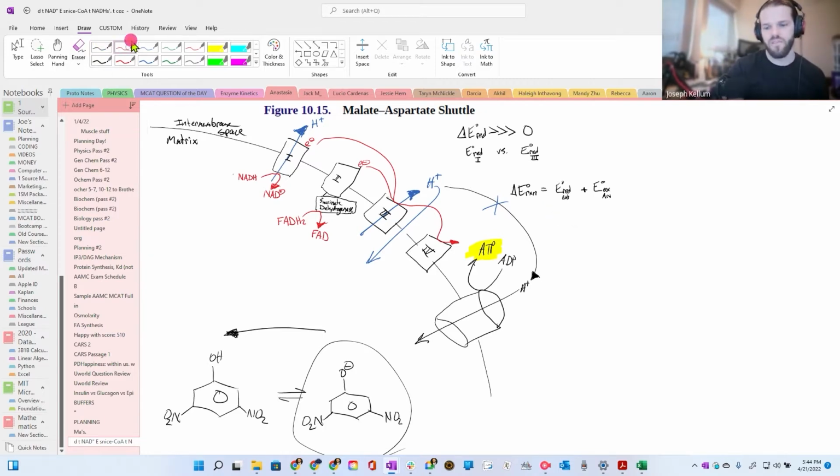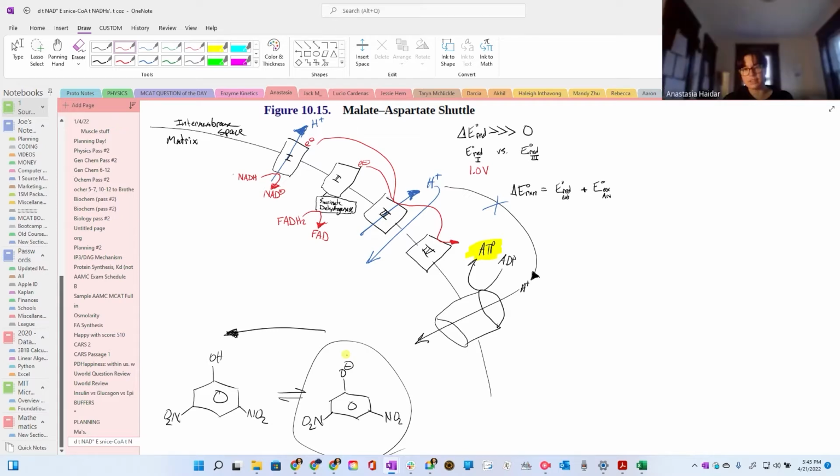So if I tell you, for instance, that the reduction potential of complex 1 is 1.0 volts, what do you know that the reduction potential of complex 3 has to be? And assume we can only use integers. Can't use like 1.1 or 0.9. Well, it has to be greater.